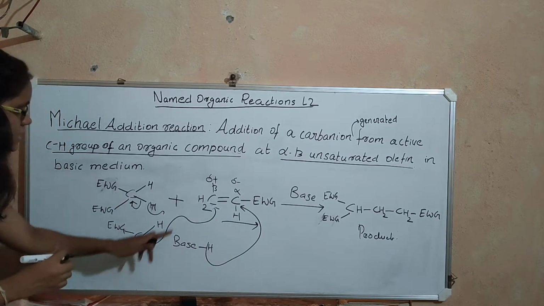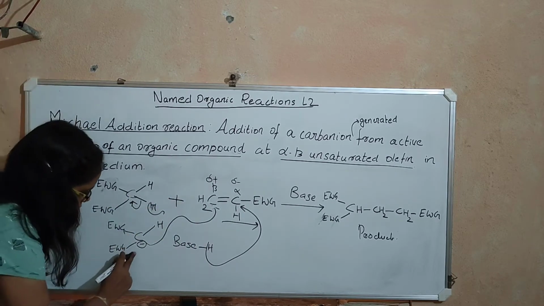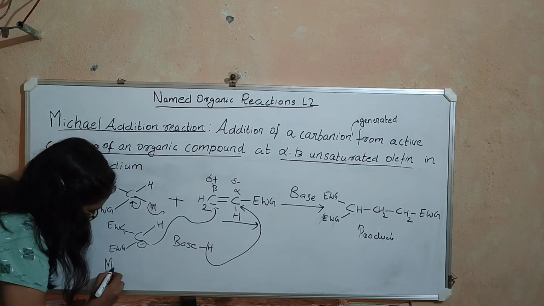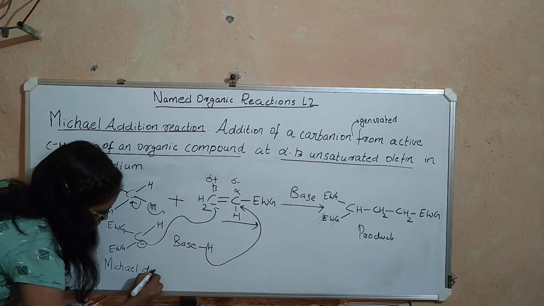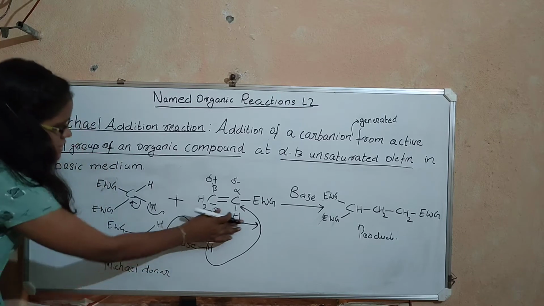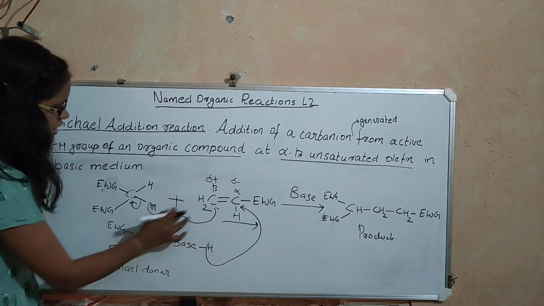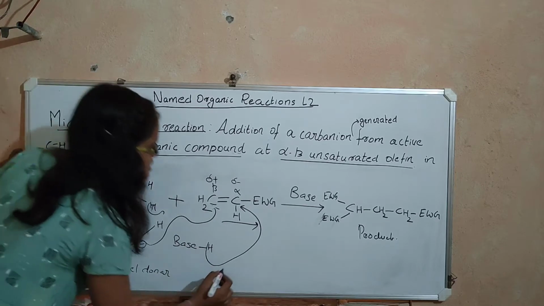Since it is donating its electrons, it is called a Michael donor. And since this compound is accepting the electrons, it is called a Michael acceptor.